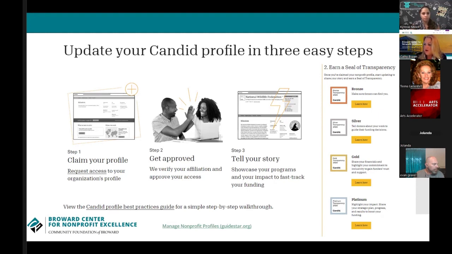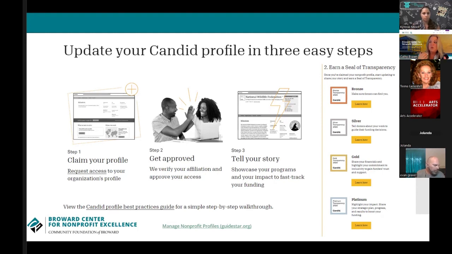The other thing to know is that in addition to understanding and claiming your profile and really knowing what's out there online, you have an opportunity to earn a credential just for having your profile filled out. They have a whole national campaign called the Seal of Transparency. There is no cost to do this whatsoever.